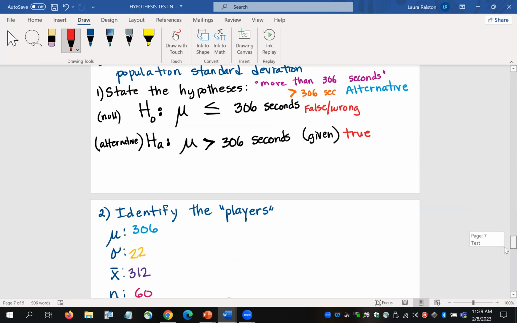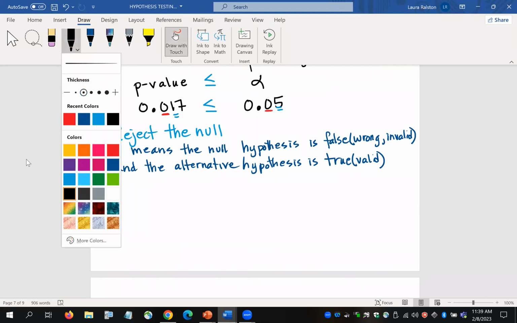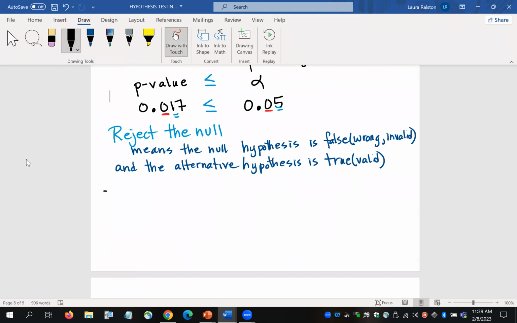So the last step, step 5, is to write that conclusion. Again, beginning with the significance level.